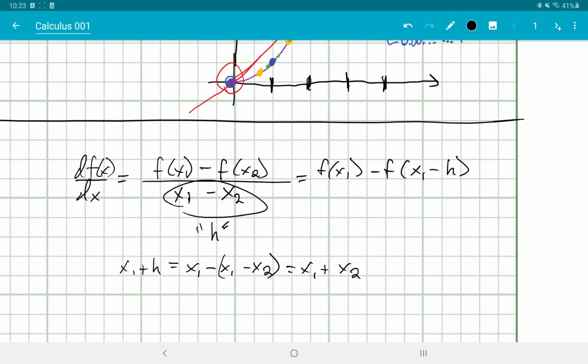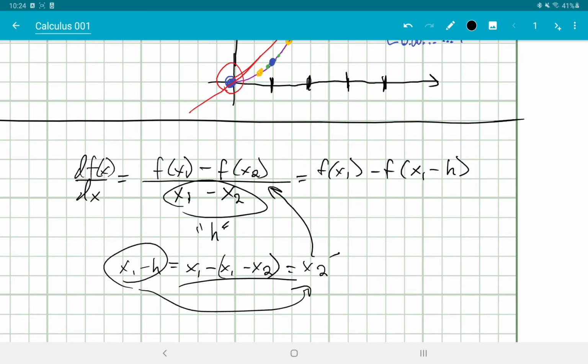And I did this wrong. What did I do wrong? That's the question of the day. Oh, that's going to give you x2. Right. So we're substituting this, which is actually this, for x2, which becomes that. So put that over h.